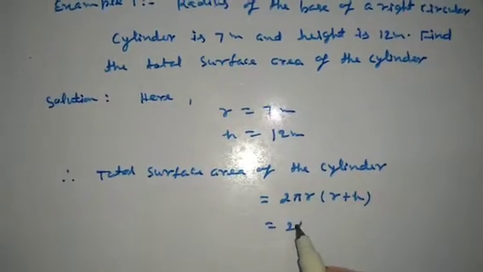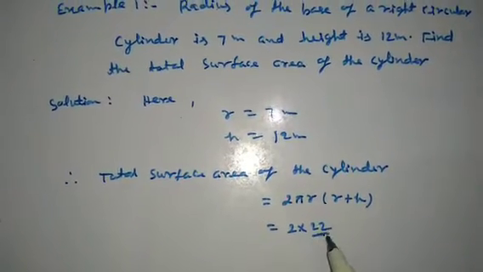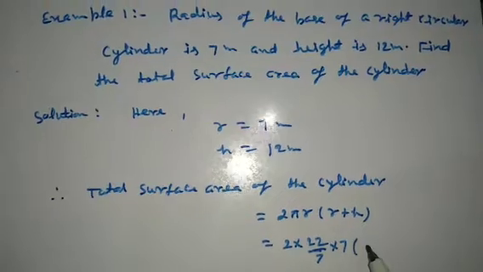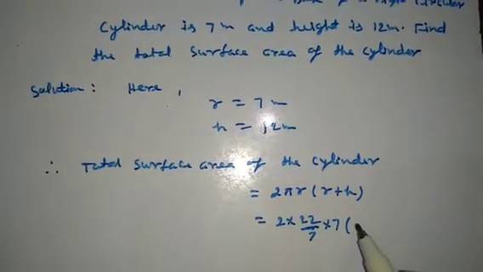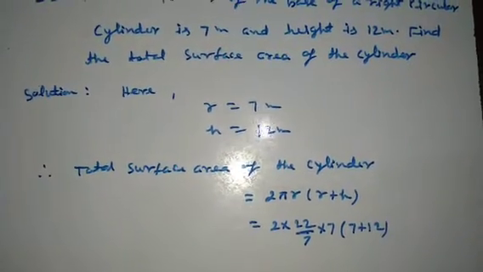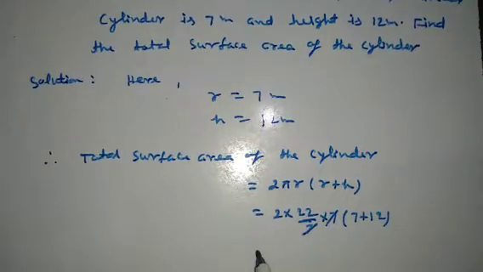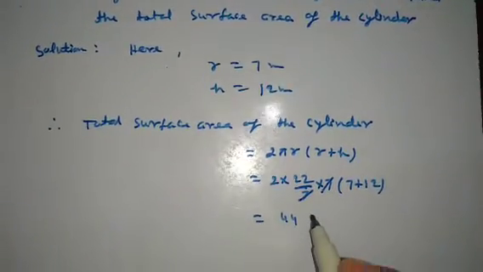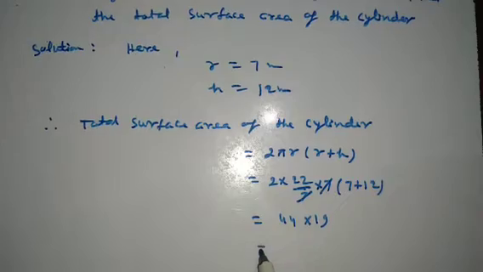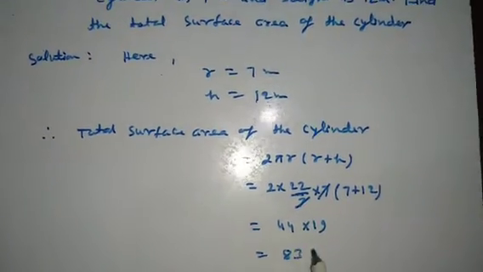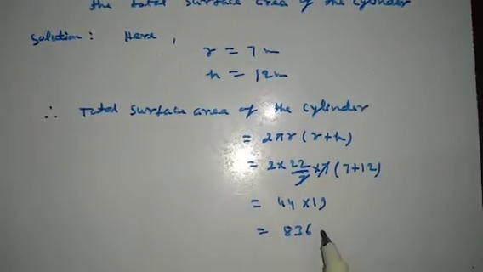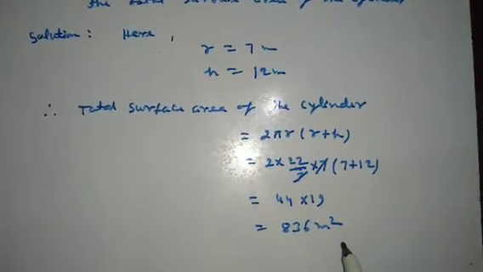So 2 into 22 by 7 into 7 into 7 plus 12. 7 and 7 cancel, equal to 44 into 19 equal to 836 meter square. This is our answer.